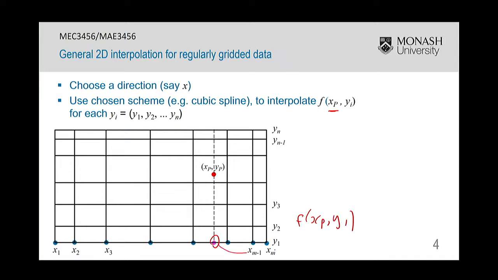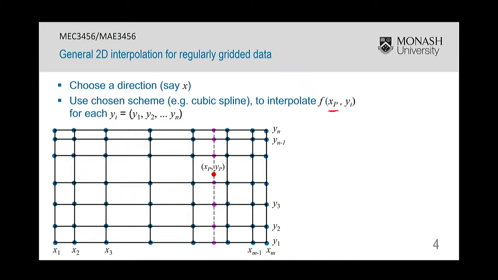That's that point there. We're then going to move up to y2. We're going to take those data points and we'll interpolate at that point there. So that's f of xp, y2. Go up to the third point, interpolate at that point, then do all of the other points in sequence until we've interpolated a set of data points at x is equal to xp.